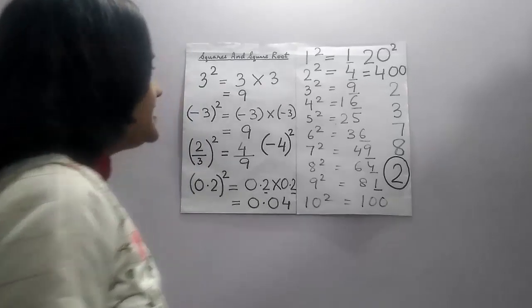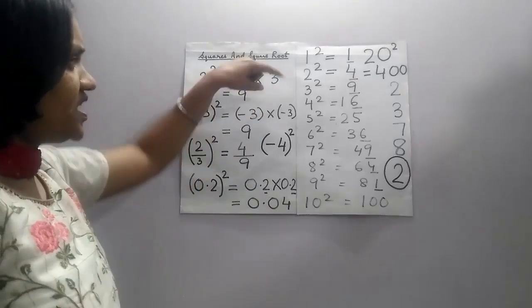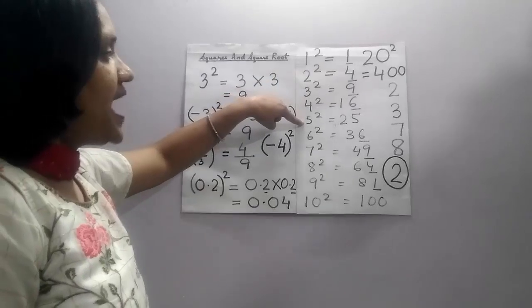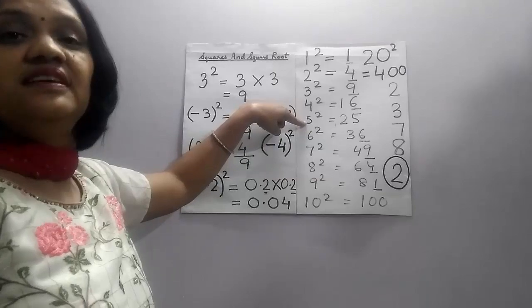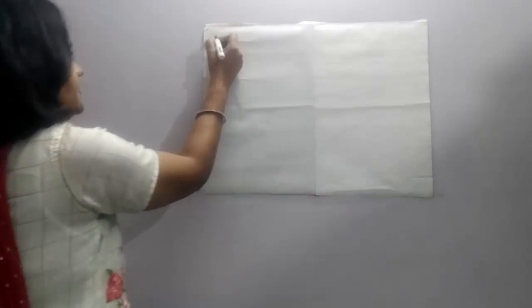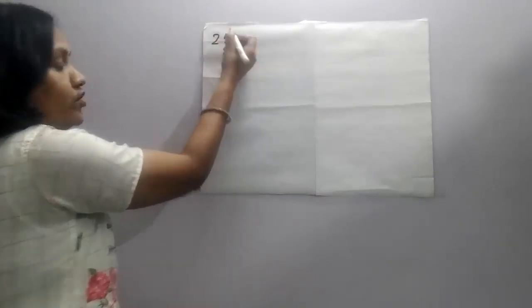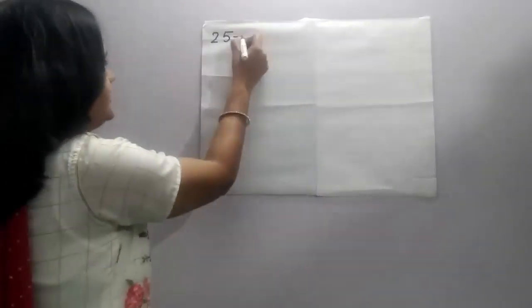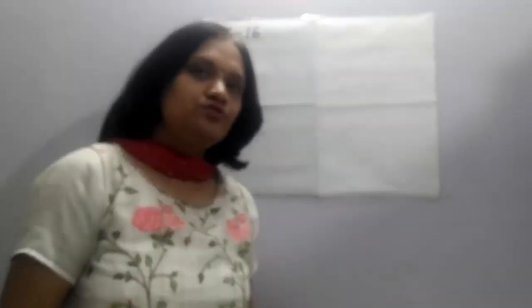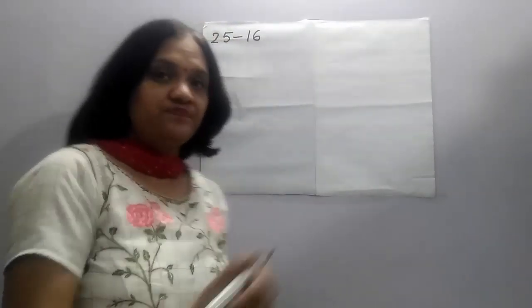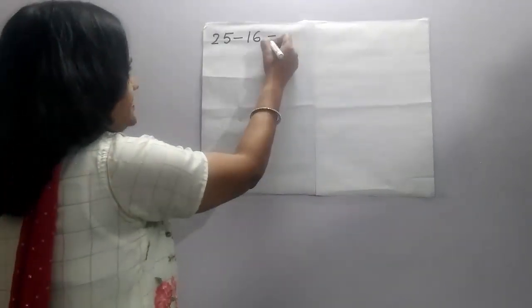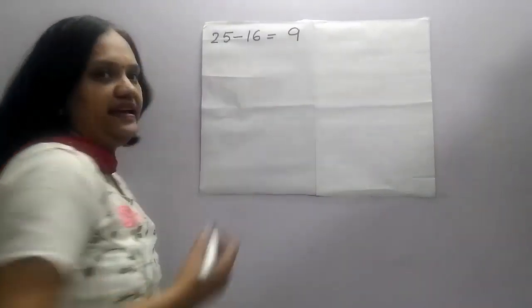Okay, now let's look at the squares of 4 and 5. Square of 4 is 16, square of 5 is 25. 4 and 5 are two consecutive natural numbers, and if we find the difference of their squares, we are getting 9.